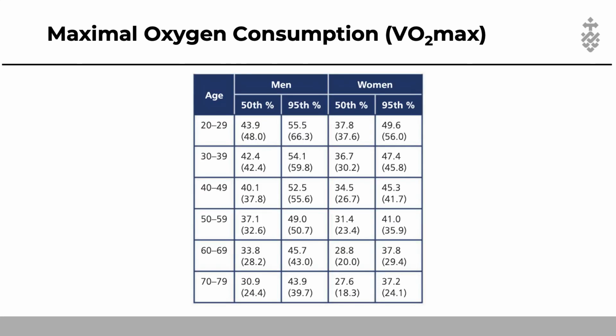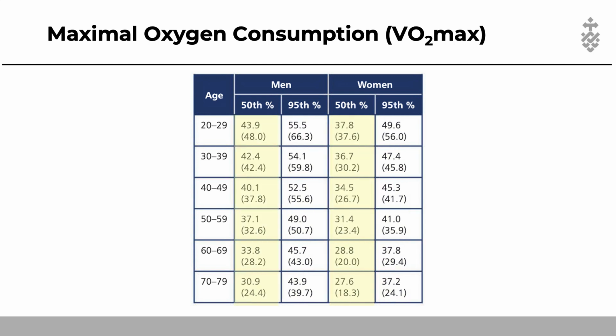So if we have a look at the adult VO2 max trends here, we're looking at age in decades, so 20 to 29, the 30s, the 40s, the 50s, and we can see again the average for men and women, what's in the 50th percentile, and we can also see what would be in the top 5% of these age brackets.